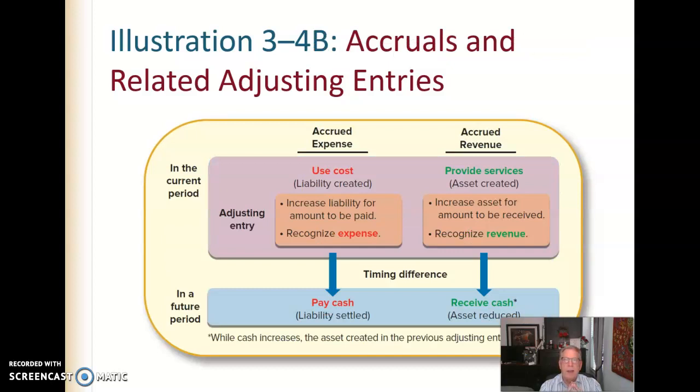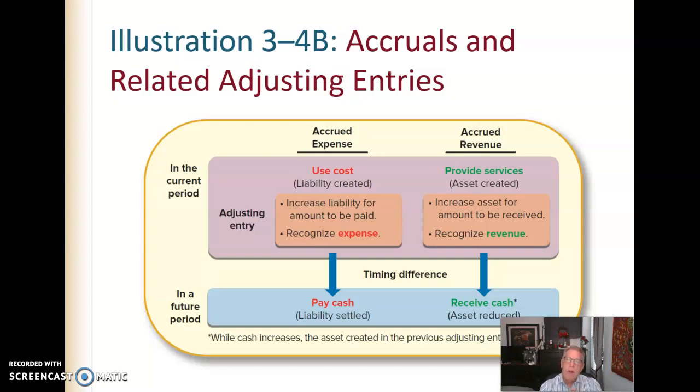All right, and then here we have some other accruals and related adjusting entries. We're going to accrue some expenses here when we have actually incurred that liability. Maybe our people have worked some time for which they have not been paid, and our adjusting entry needs to recognize that expense and the related liability.